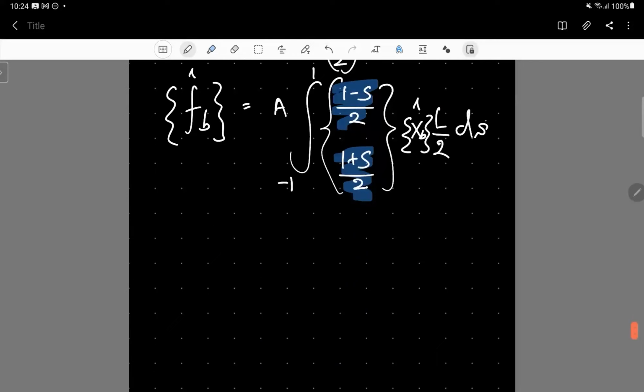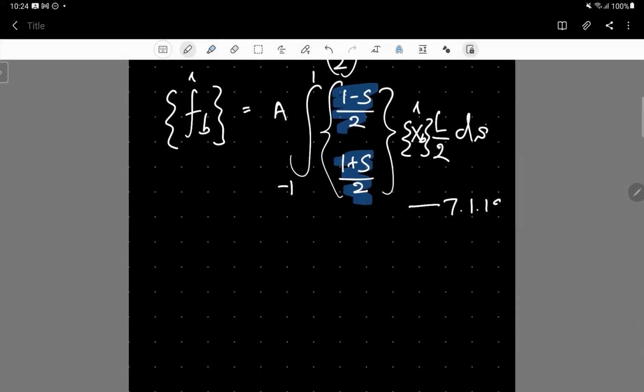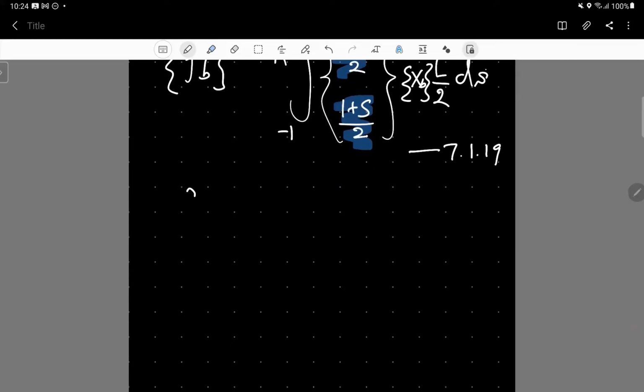And on integrating equation 19, what you would get is the body force matrix would be equal to AL by 2 XB.